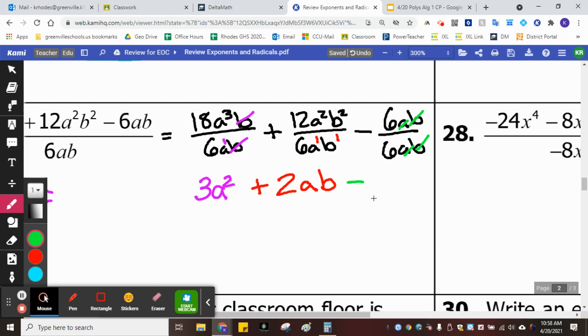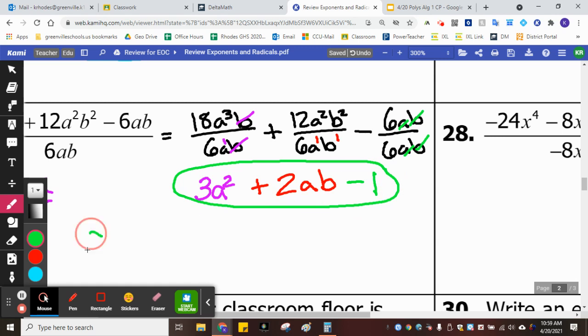Not 0. That's where people mess up, because they always are like, it's gotta equal 0. It's 1. So you gotta have that 1. 6 over 6 is 1. So 6 divided by 6 is 1. Because normally we don't put 1s in the equation. Only if it's in front of a variable, like if it was just a, you don't have to put that 1 there. But if the 1 is by itself, it has to be there.